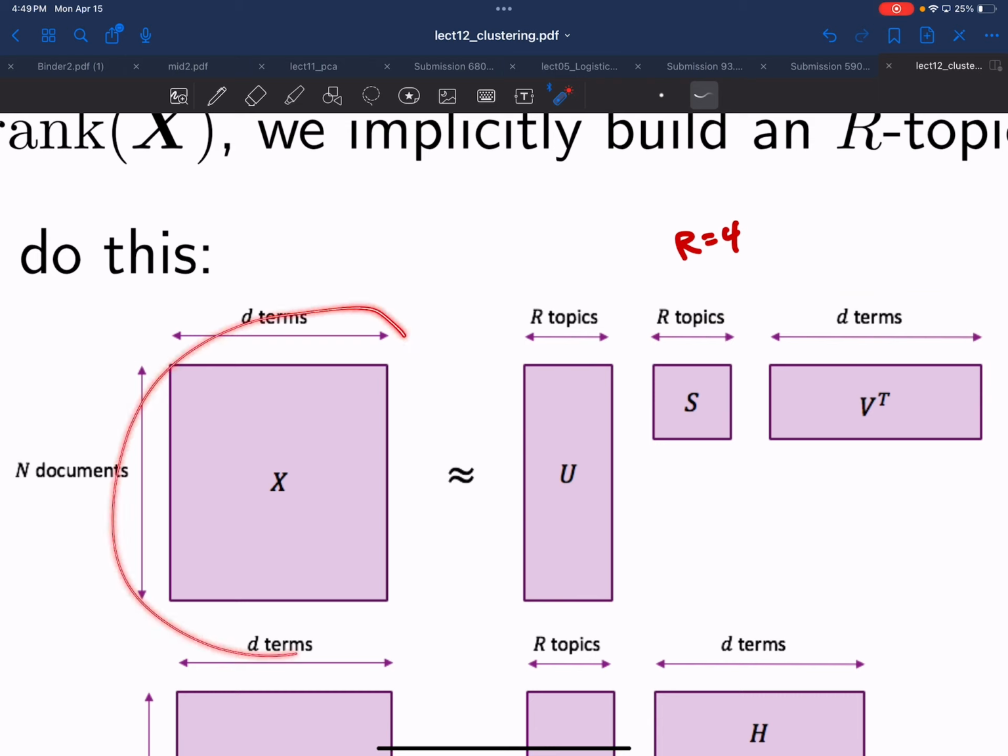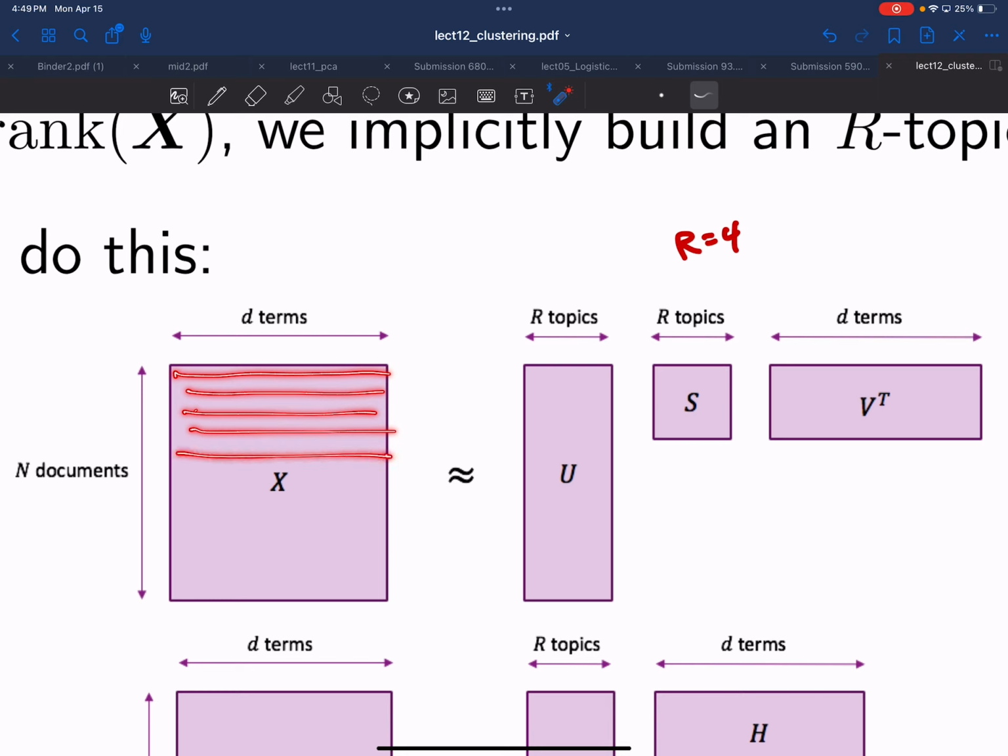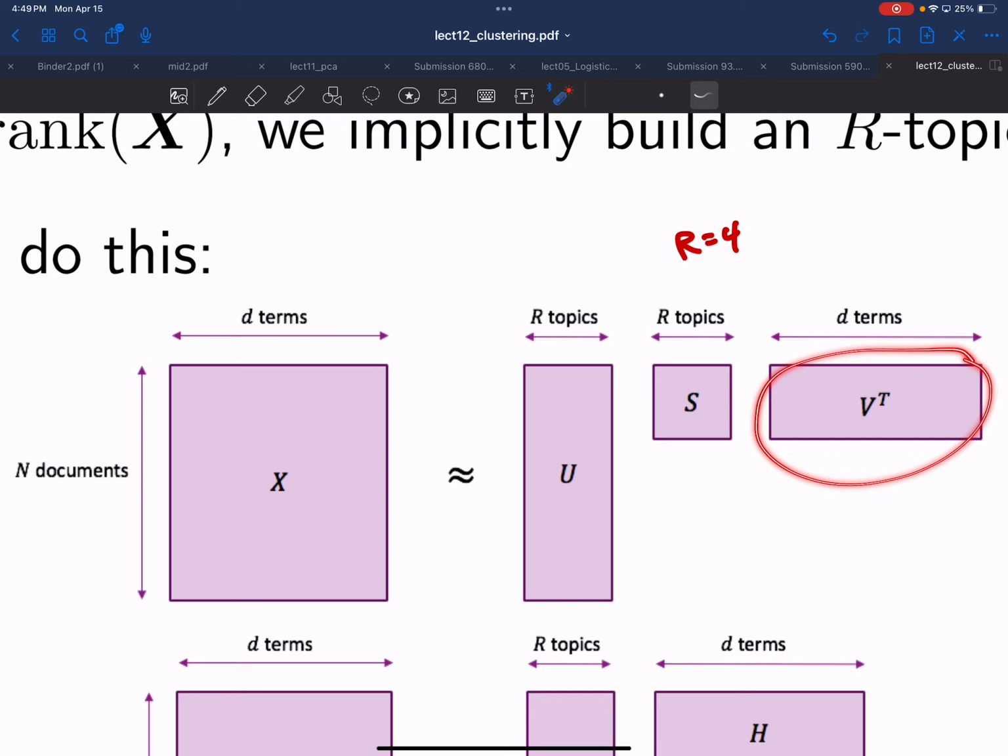Because this is a rank 4 matrix, it basically says all these different rows all live in a subspace of dimension 4. At least according to this approximation. So even though you have capital N different documents here, really they're all just vectors in this 4-dimensional subspace. They all have that in common.